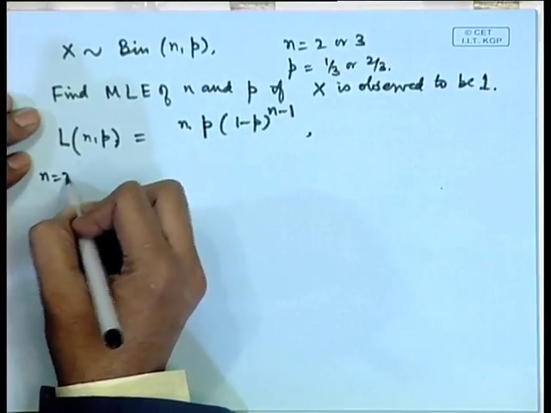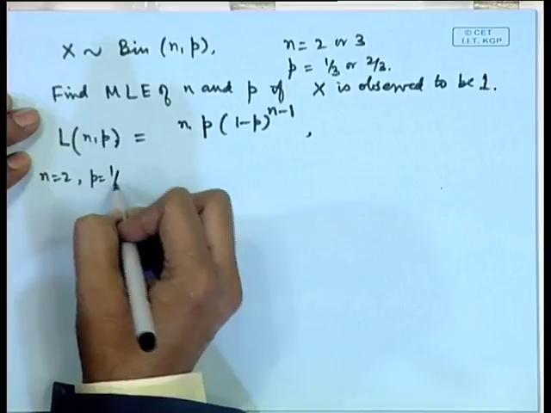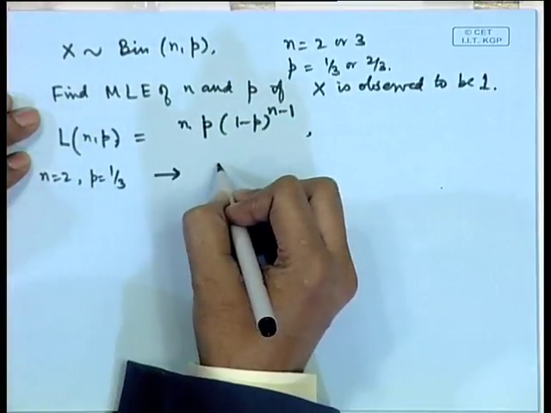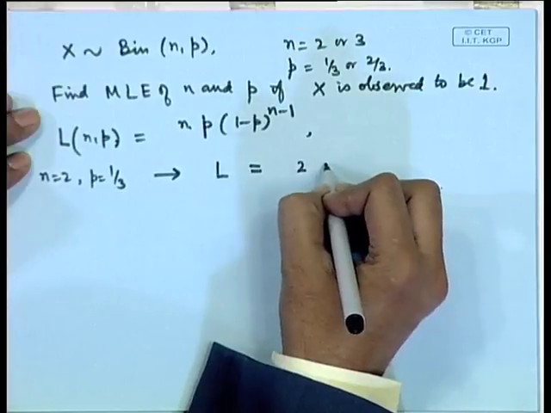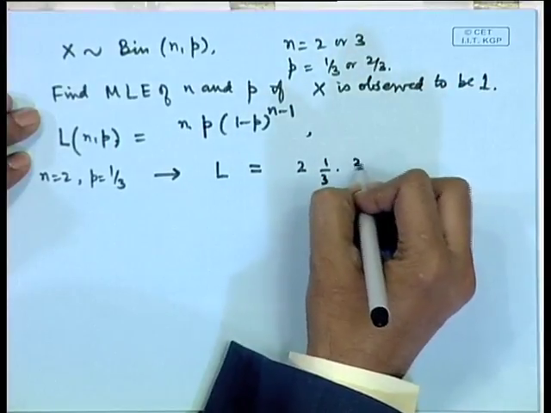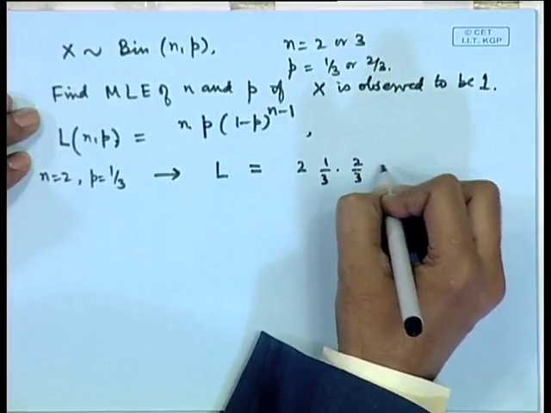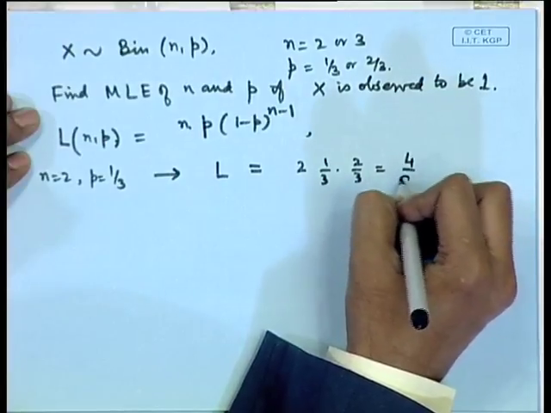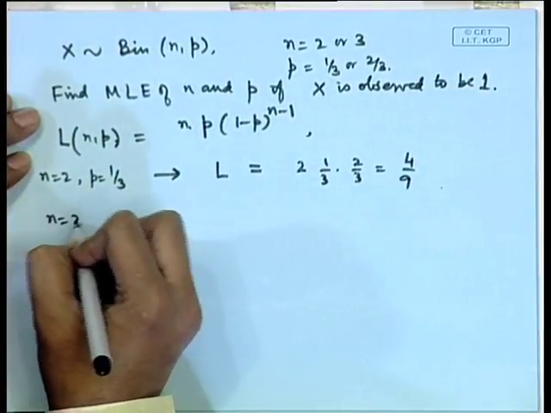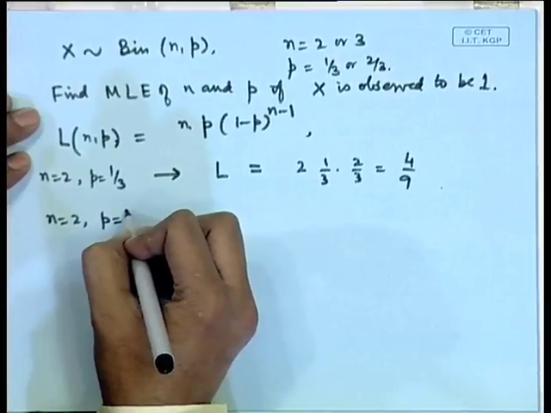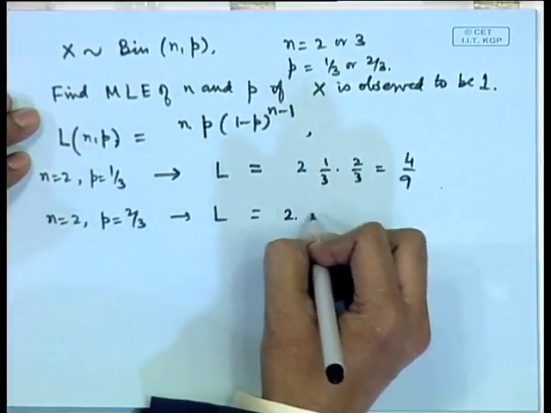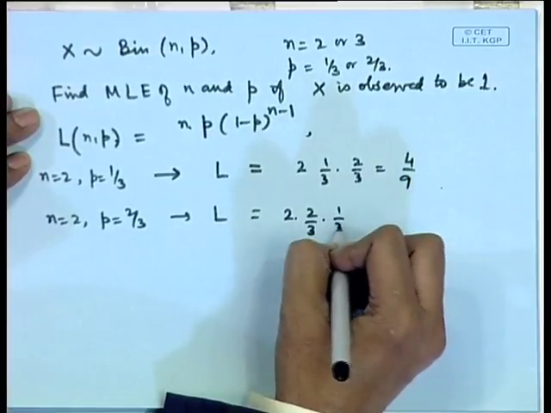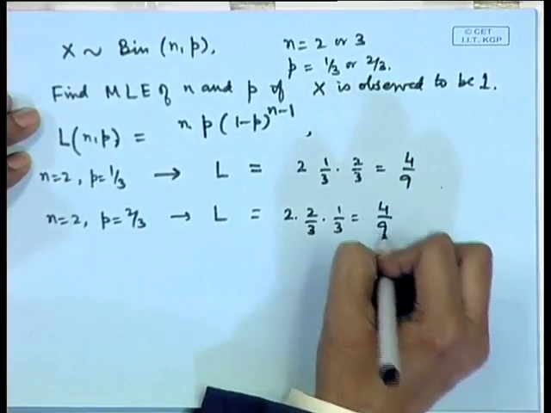When n is equal to 2, p is equal to 1/3, the likelihood function is equal to 2 times 1/3 times 2/3, that is 4/9. When n is equal to 2 and p is equal to 2/3, the likelihood function value turns out to be 2 times 2/3 times 1/3, that is again 4/9.